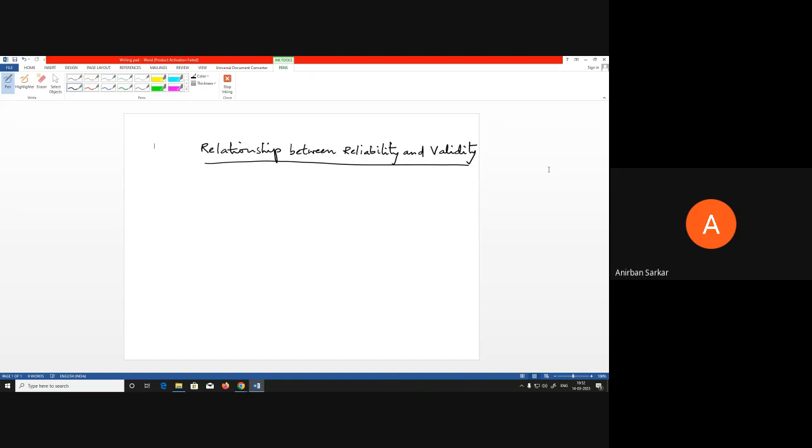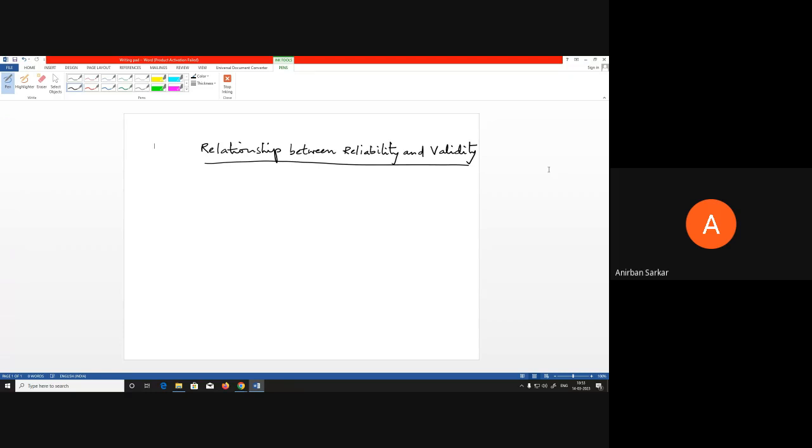But when I am talking about concurrent validity, basically when you are talking about criteria validity, there are two types of criteria validity. One is concurrent validity, the other is predictive validity.